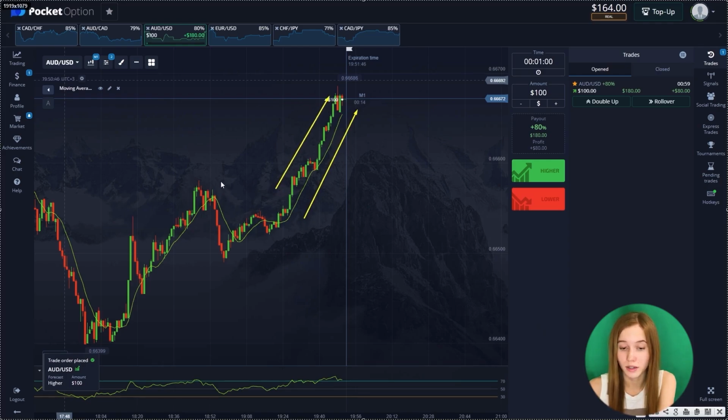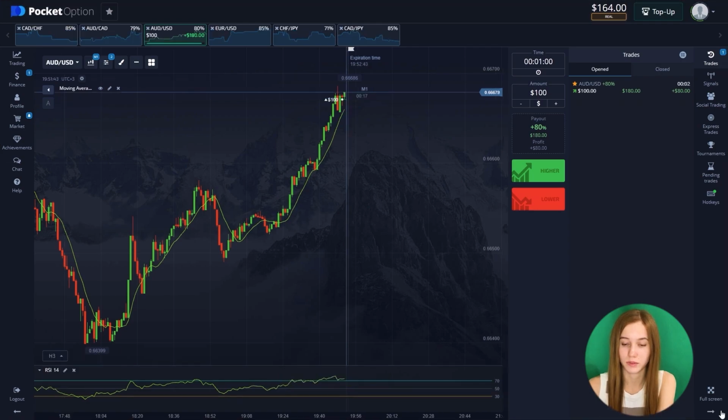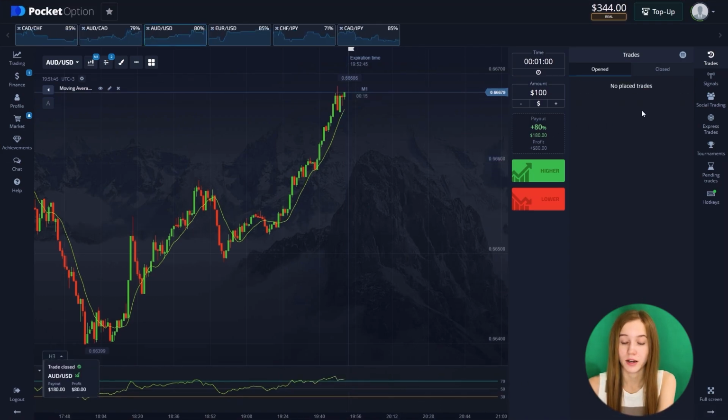Green bars, quite correct, so we opened correctly. RSI is in the down position because of a red candle. We are near the overbought zone. Great, plus. The deal profit is $80.